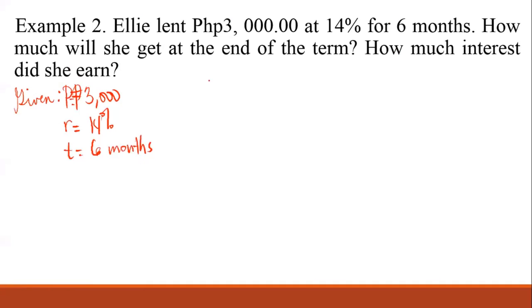So, ano yung hahanapin natin? We have to find for the maturity value at saka yung interest. Okay? Next, tinatanong kasi dyan, how much will she get at the end of the term? Magkano yung idadagdag doon sa 3,000 at magkano yung naipon niya from 14% after 6 months. Diba?